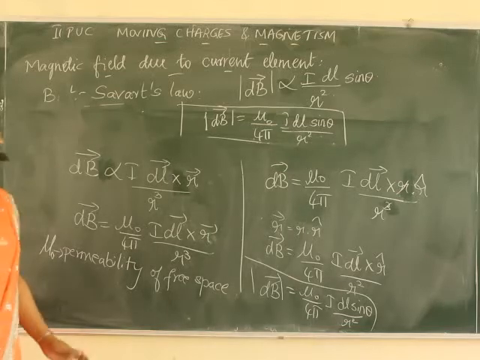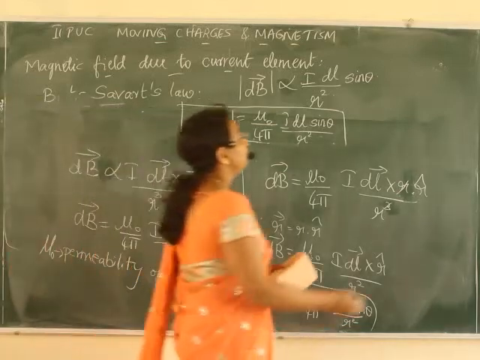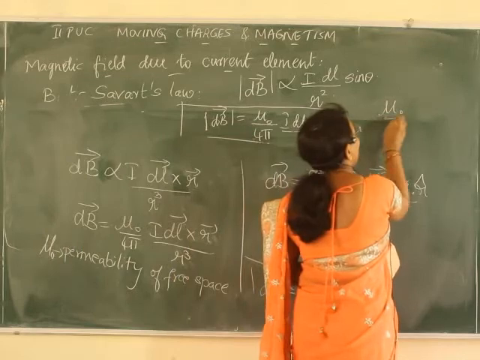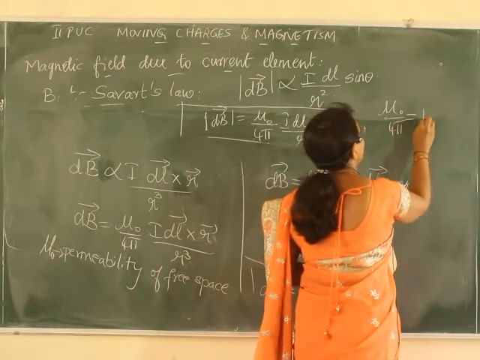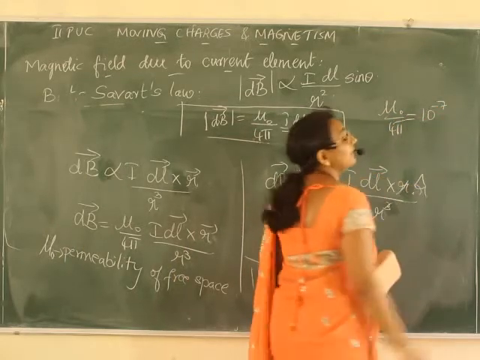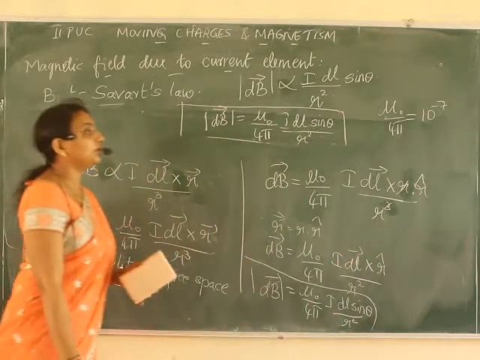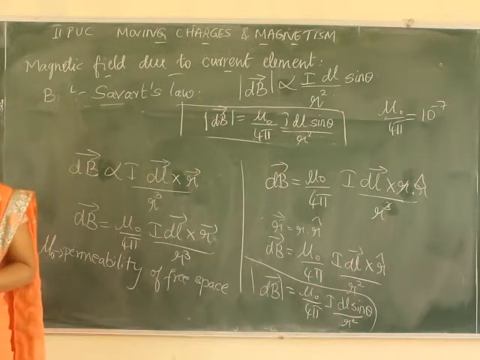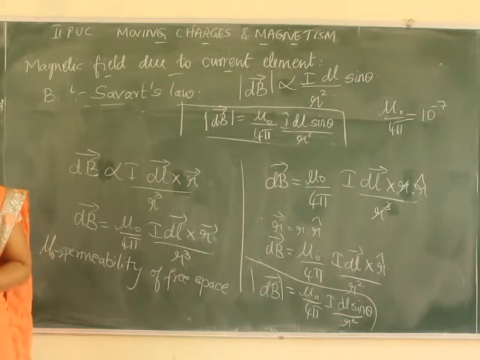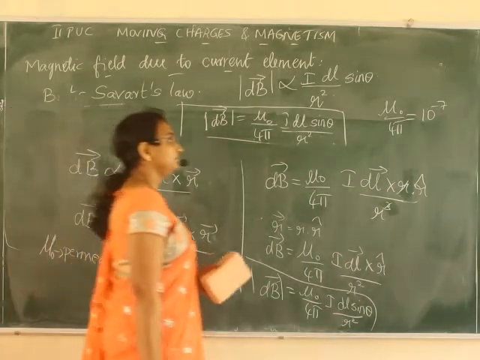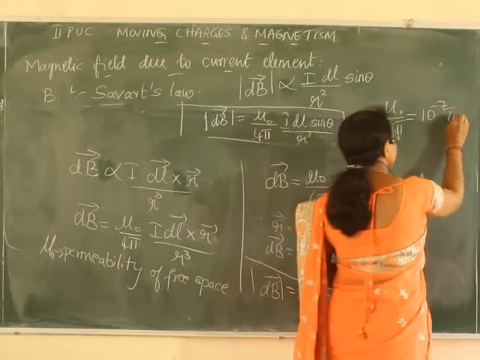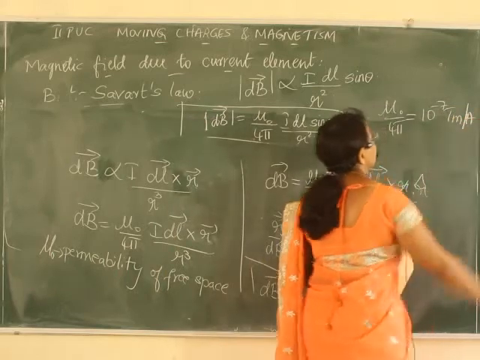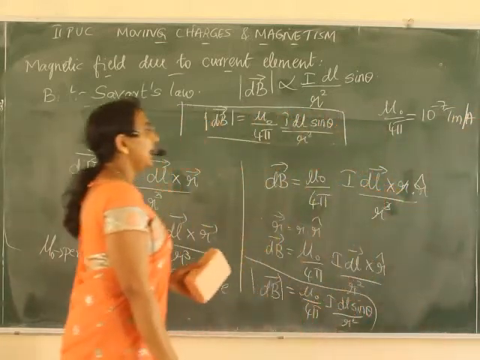And one more thing, the value of mu naught by 4 pi is equal to 10 to the power minus 7. Value of mu naught by 4 pi is 10 to the power minus 7 Tesla meter per ampere.